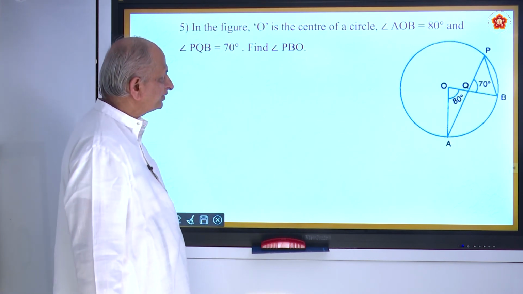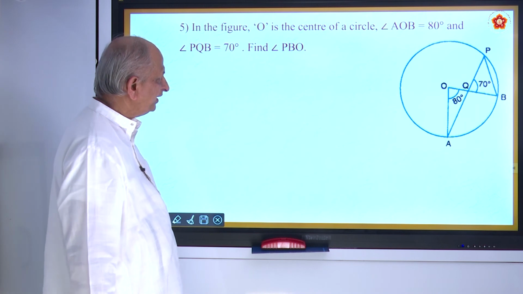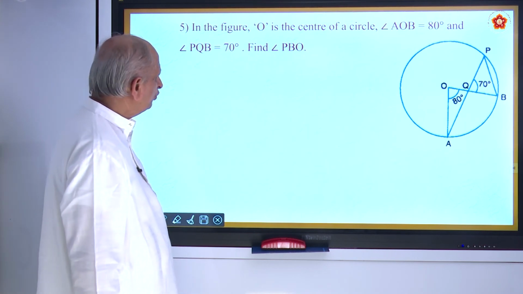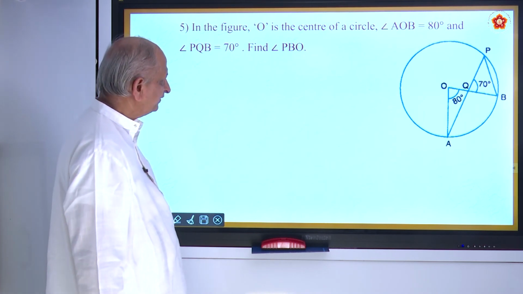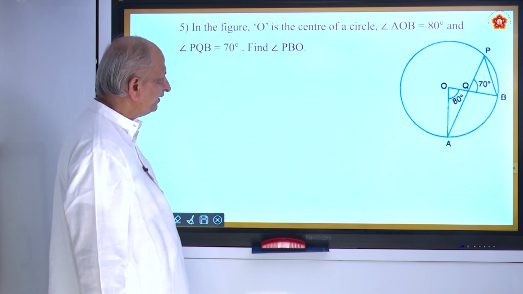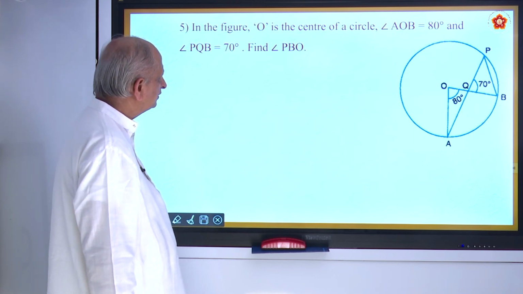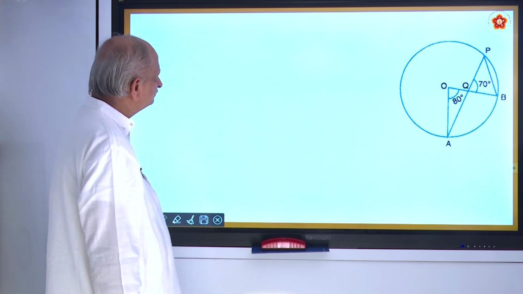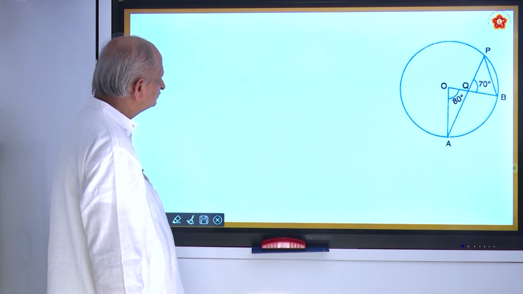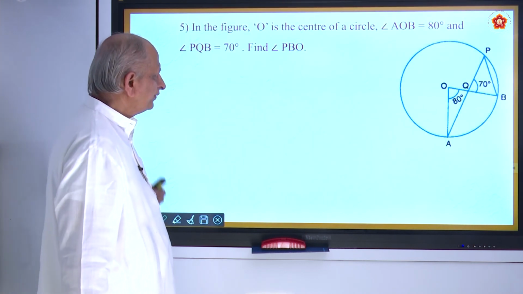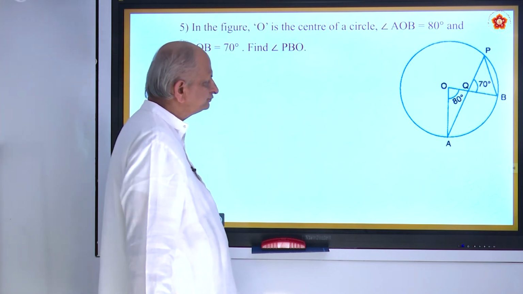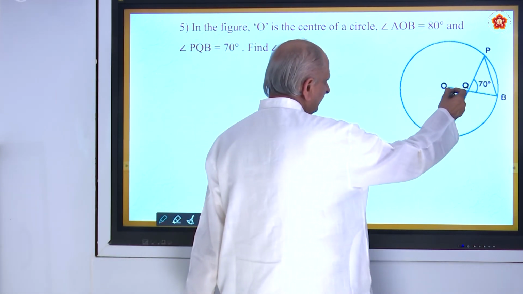In the figure, O is the center of the circle, AOB is 80 degrees and PQB is 70 degrees. Find PBO. Here, this is 80 degrees, given.